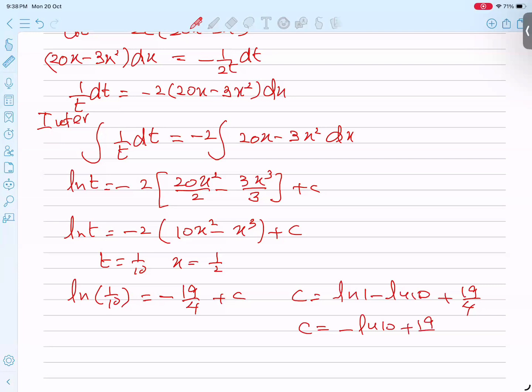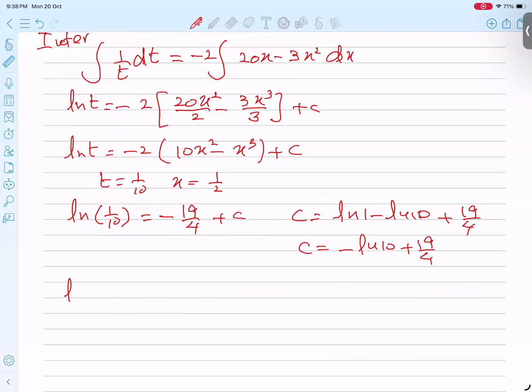After this, I'm going to plug both values in here. So what I get is ln of t equals, and negative 2 multiplied inside, I get negative 20x squared plus 2x cubed minus ln 10 plus 19 over 4.